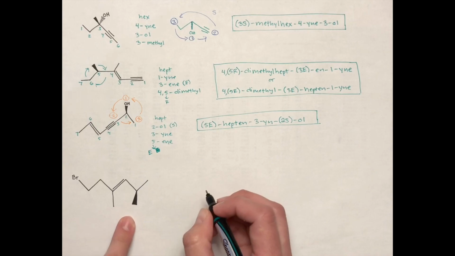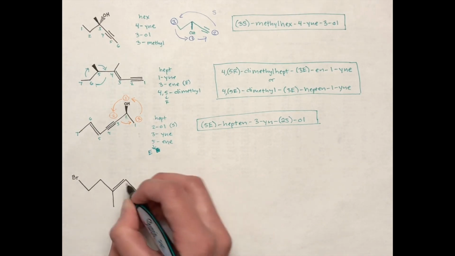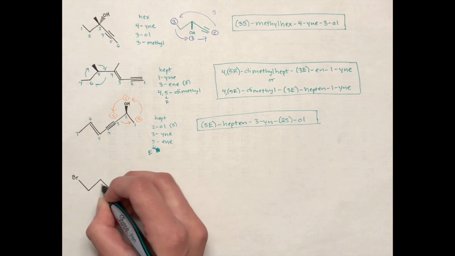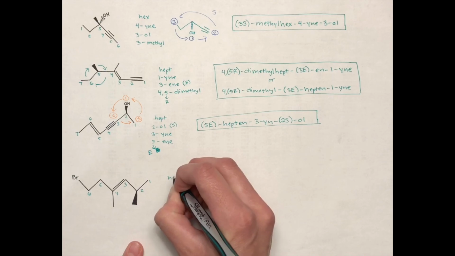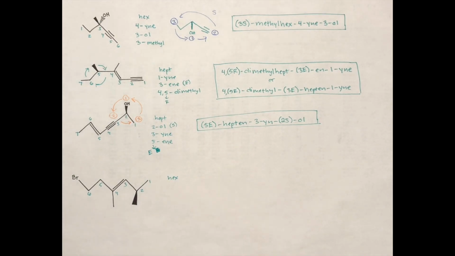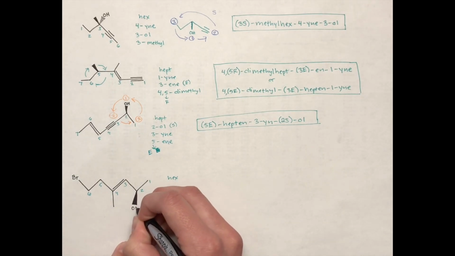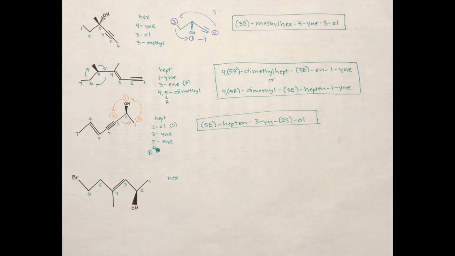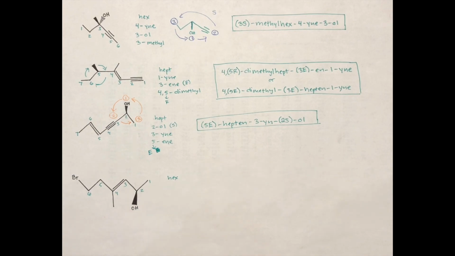Okay, last one. Same thing. We are going to label our carbon chain. Okay, so 6. 6 is hex. Oh, you know what? I forgot to draw something on here. There we go. Because remember, when we're labeling our carbon chain, the alcohol group gets the lowest carbon.